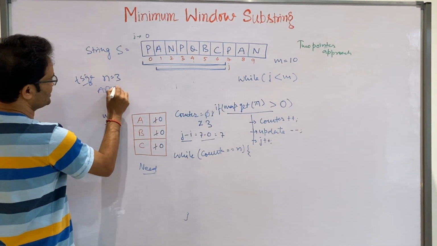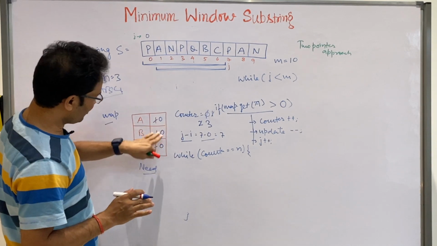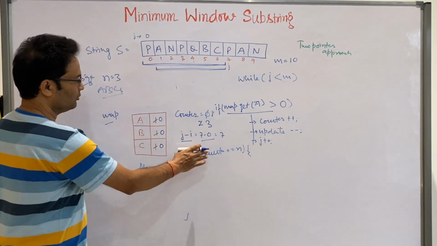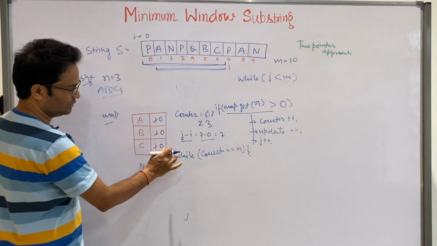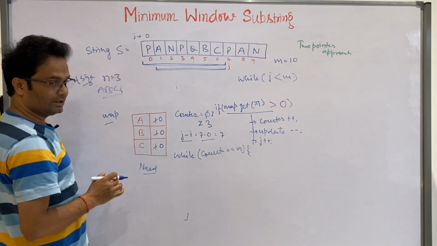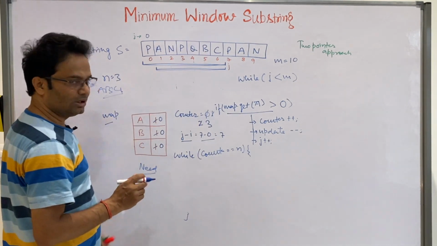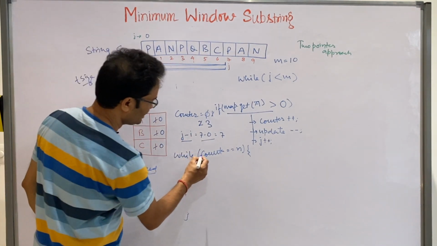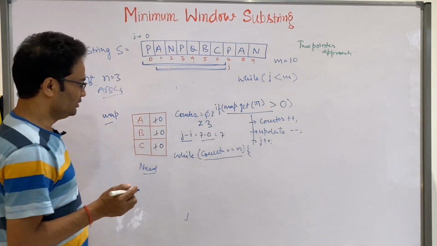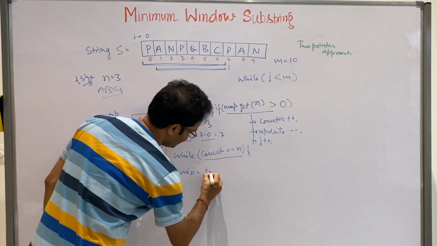T was the A, B, C. The moment you got all the required characters in the new string, the moment your counter becomes N, the moment you count all the values equal to 0 and you achieve all these numbers what you are looking for, then you have to move the I. So in this case, first and foremost, when the counter is equal to N, means you already found all the characters. So you have to keep the minimum value, that J minus I.